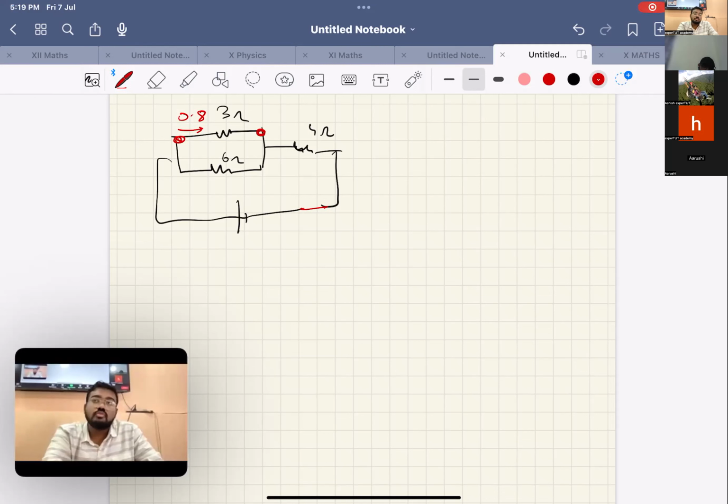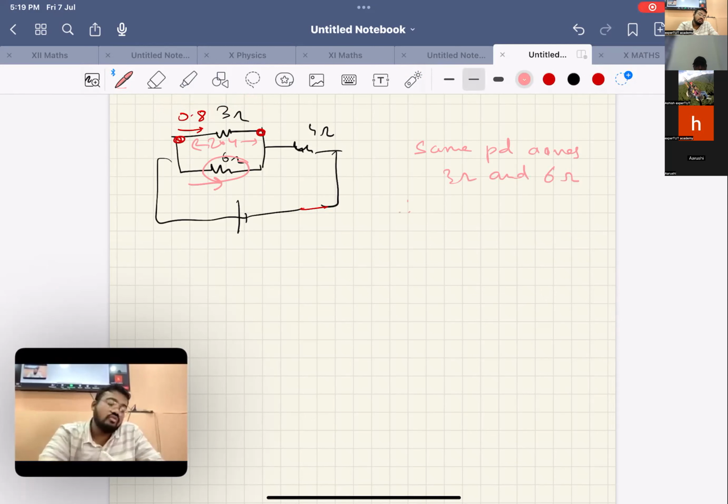So therefore potential drop across this is 3 into 0.8, right? It is 2.4, right? So this potential drop is 2.4. That means the same potential drop is across the 6 ohm also. So what is the current? Parallel. So same PD across 3 ohm and 6 ohm.